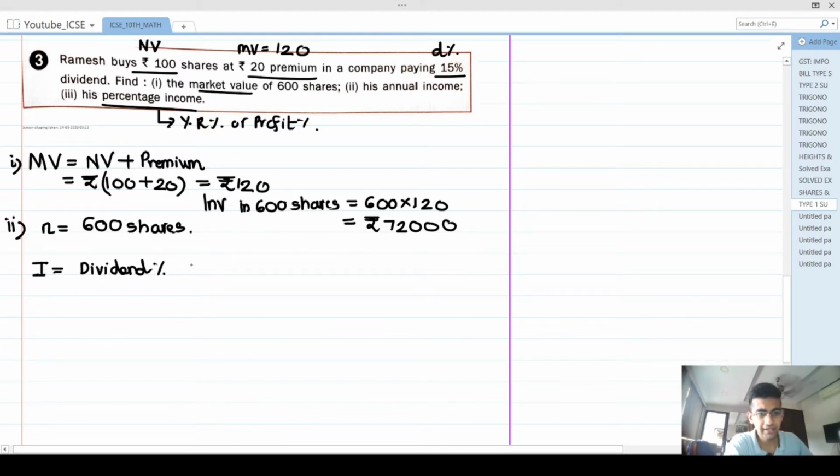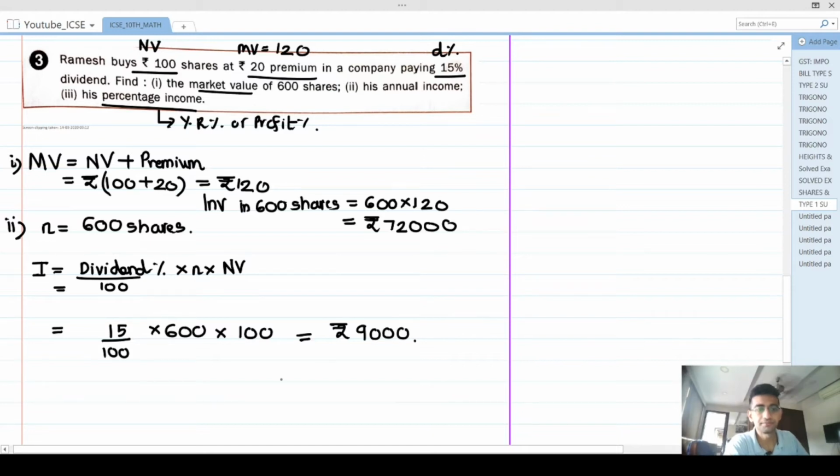Same formula again and again. Dividend percent into n into face value. So dividend percent upon 100 into n into face value. What is the dividend percent? It's paying 15% dividend into number of shares is 600 into NV. NV is 100. This turns out to be rupees 9,000.